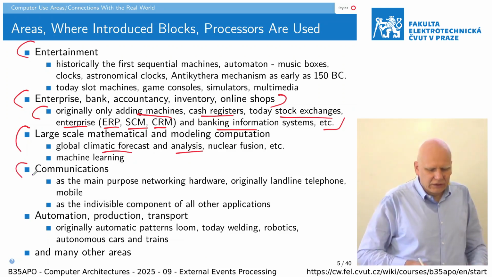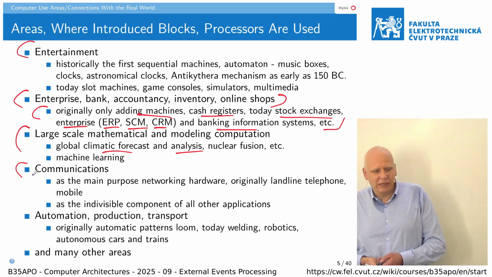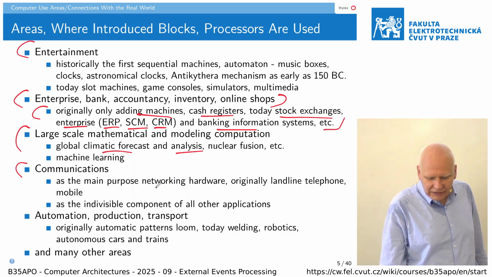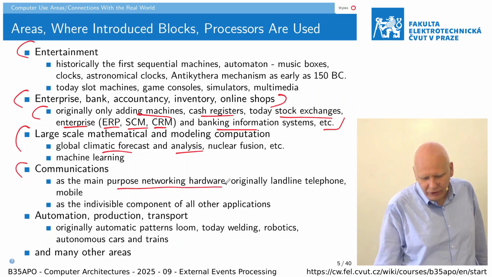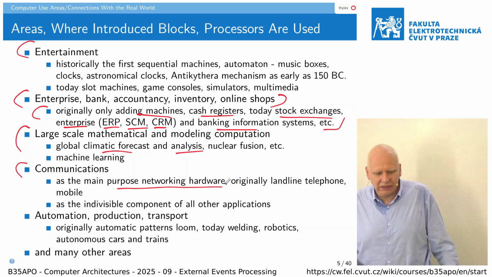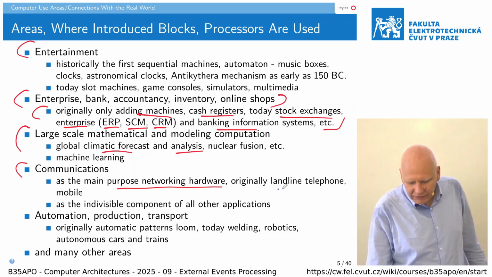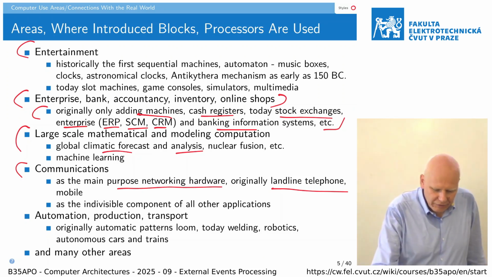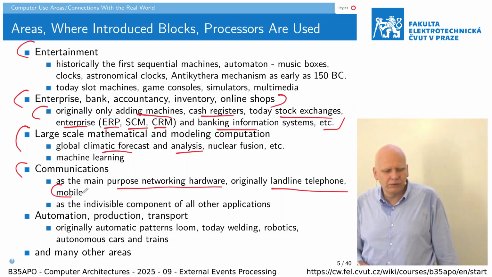Then the initially somewhat separate area has been communication. So we have networking hardware, like switches and routers and so on. But originally we started with the landline telephone, for example. Today we have mobile telephones and communication.